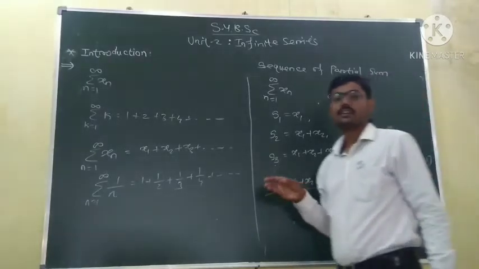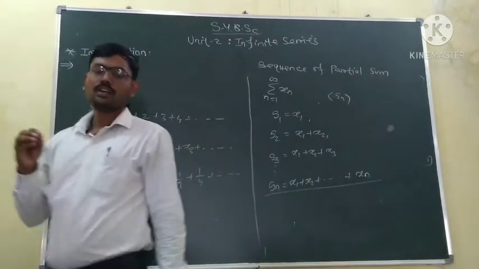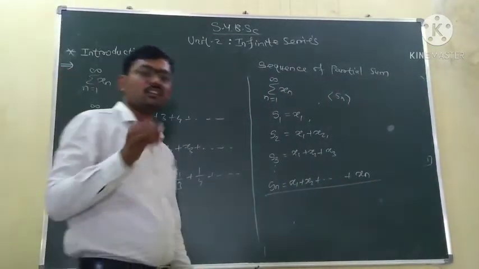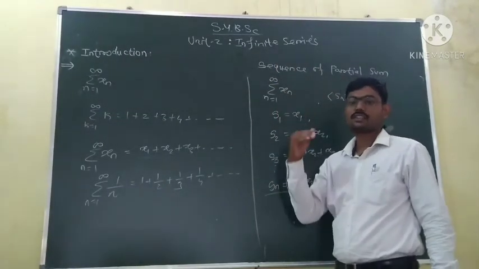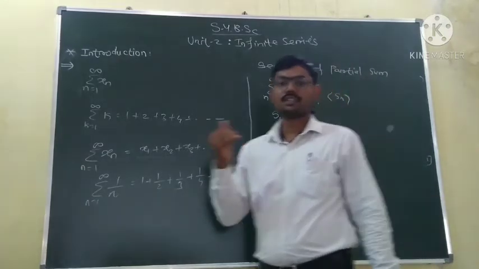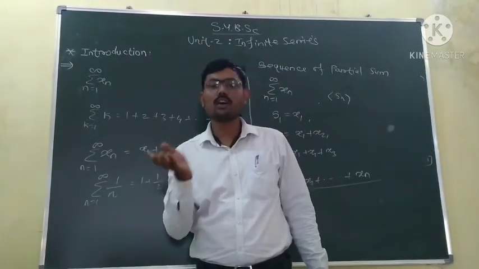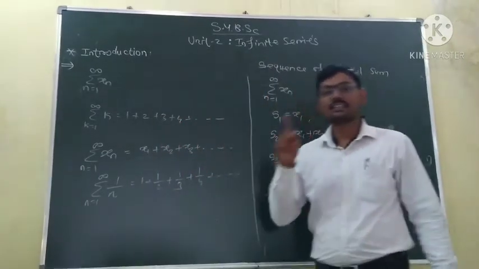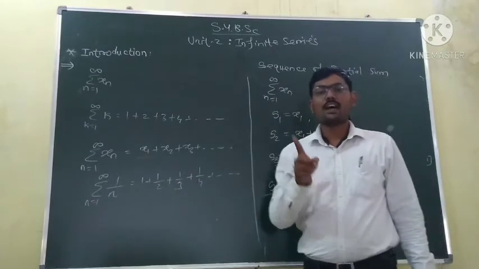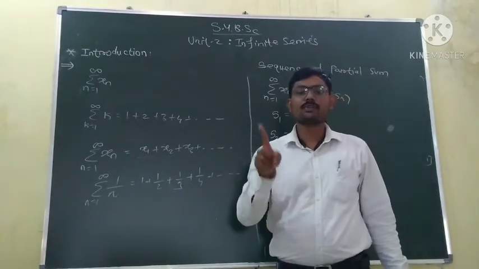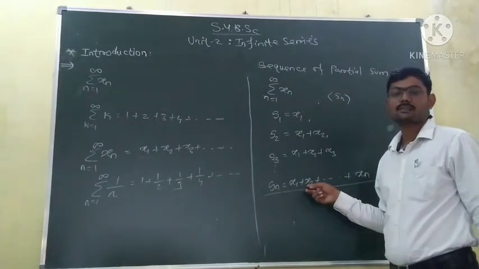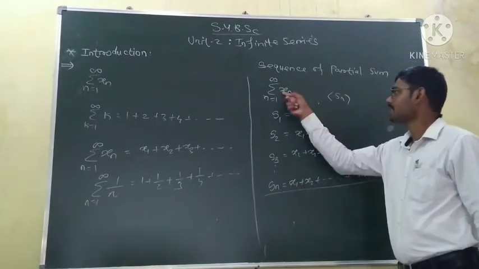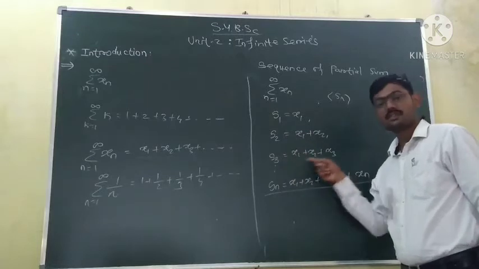Then there is one criterion or definition. Sequences are either convergent or divergent. Similarly, series are also convergent or divergent. The first basic criterion for a series to be convergent is that its sequence of partial sums is convergent.